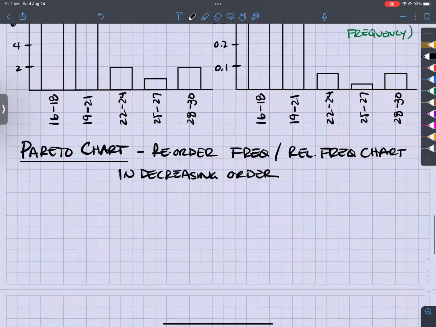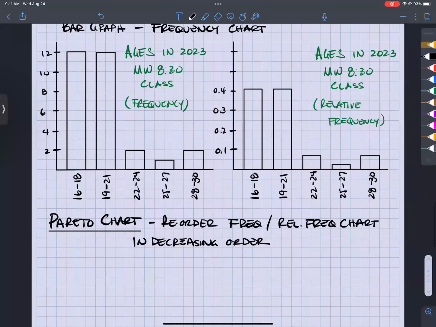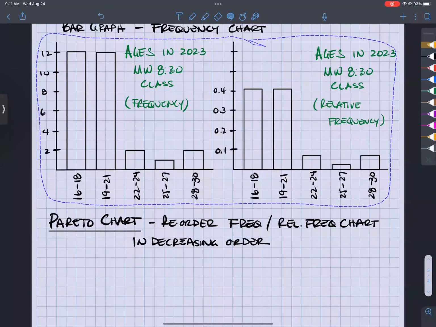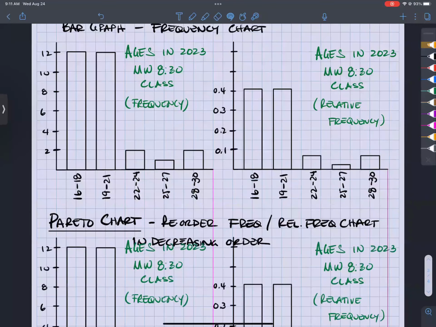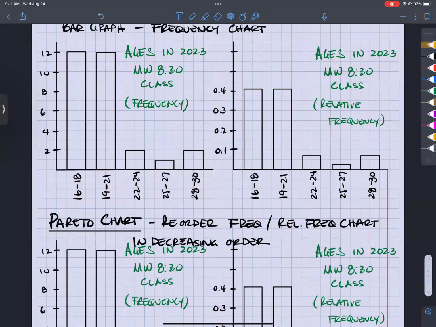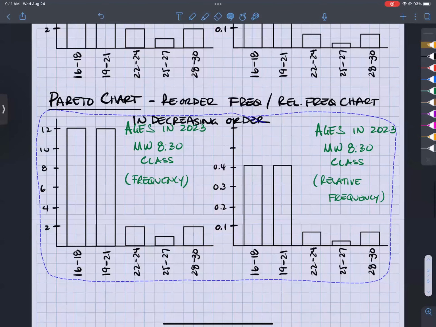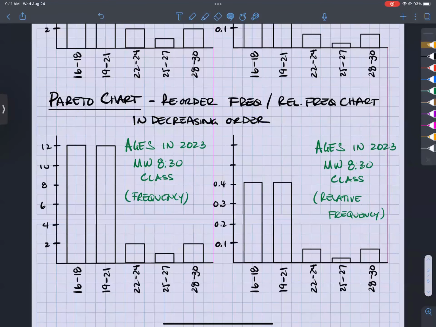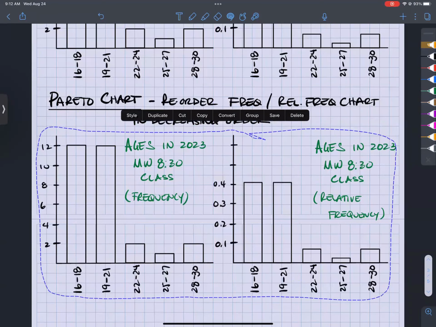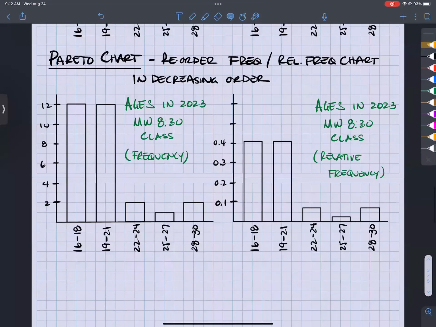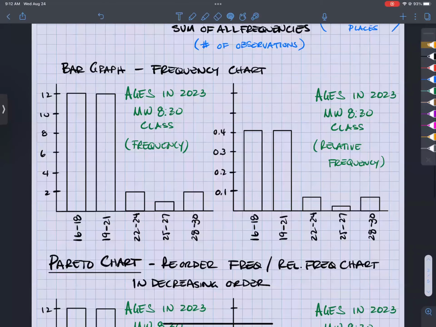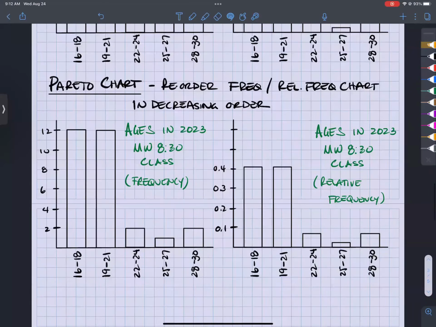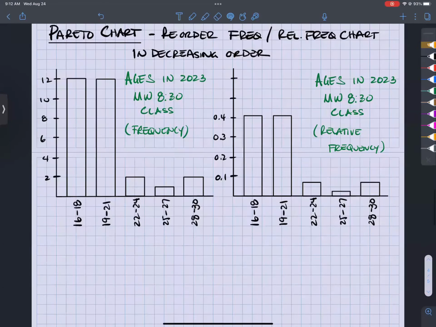So essentially what I would have to do is take these two graphs. Oh, shoot, I'm going to have to reword this anyways.